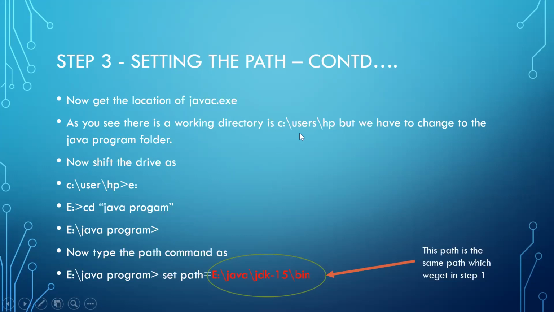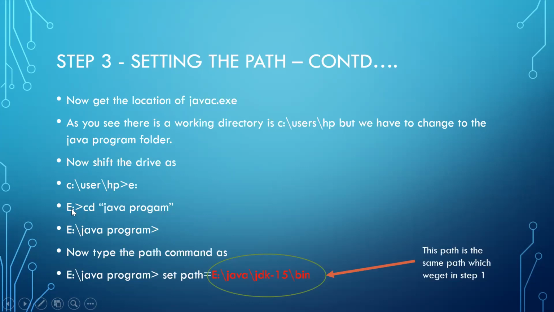As you see, there is a working directory c:/user/hp, but we have to change to the Java program folder. Now shift to the E drive: you have to type e:, meaning I want to go into the E drive and then Java program. So first of all, I should change my drive by using the drive name followed by a colon and press the enter key.